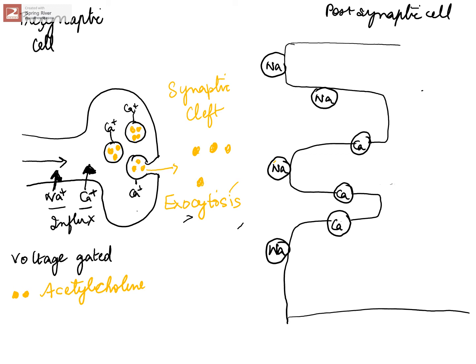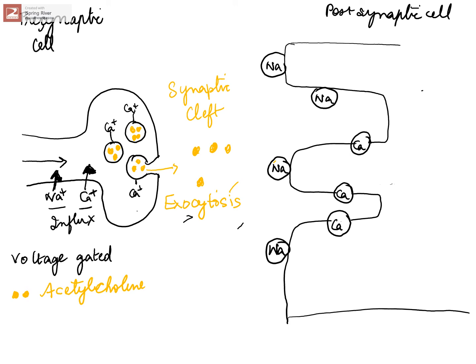Alright, so now let's look at the muscle cell, what's happening over there. How does this acetylcholine molecule activate the muscle cell? The muscle cell has a whole bunch of ion channels, and they are embedded either into the plasma membrane of the muscle cell, or they sit right on the surface of the muscle cells. Okay, so the first channels that we are going to talk about are the sodium channels.